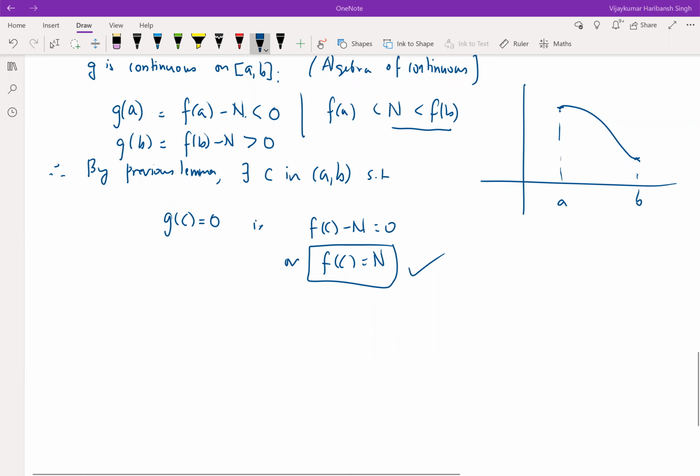So the next thing we want to discuss is the following. There is another theorem which is pretty straightforward.